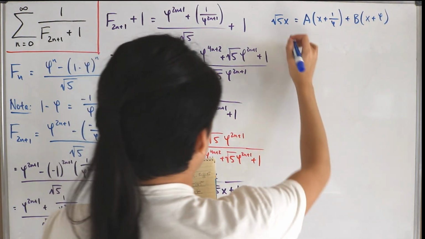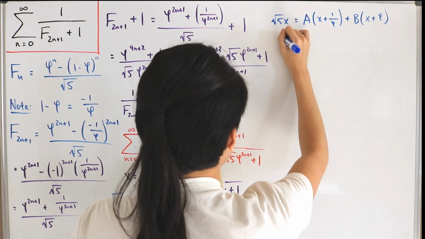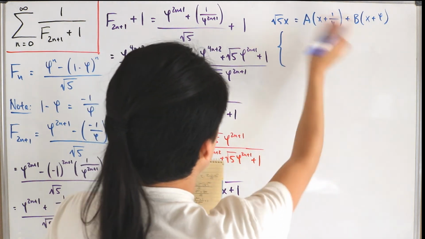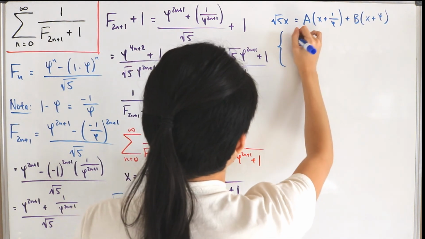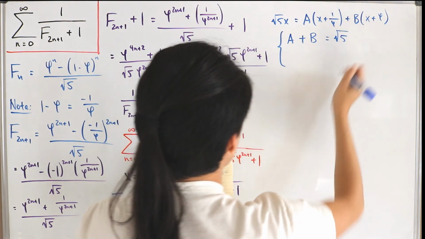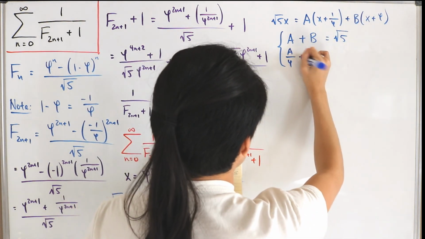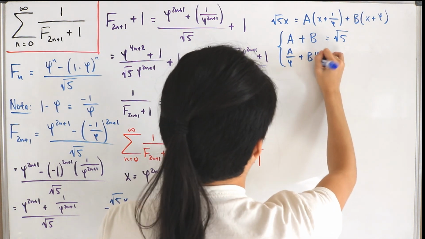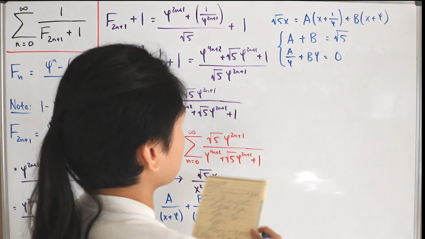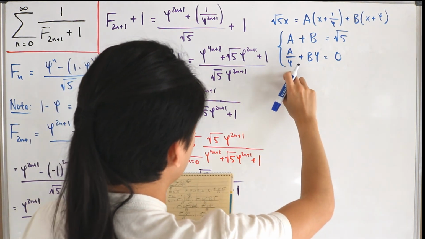To make things a little easier, you can distribute all the terms, but let's set this up as a system of equations. Setting the coefficients of x, we have A plus B equal to the square root of 5, and for the other one we have A divided by phi, added with B times phi, equal to 0. To make this simpler, let's multiply this equation by phi so the denominator cancels.